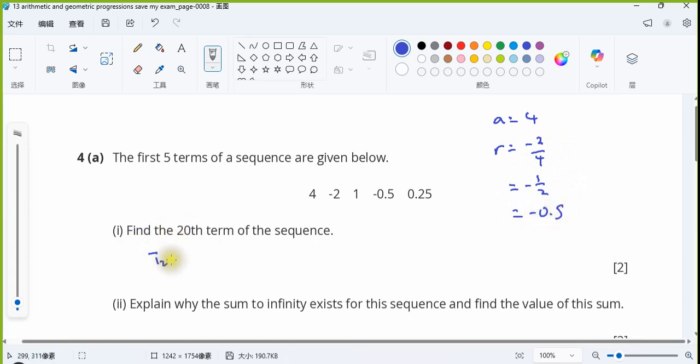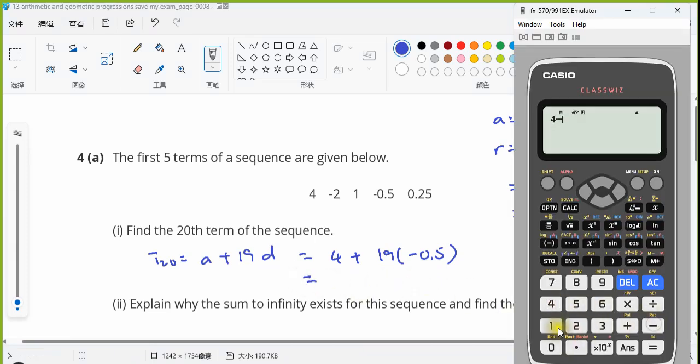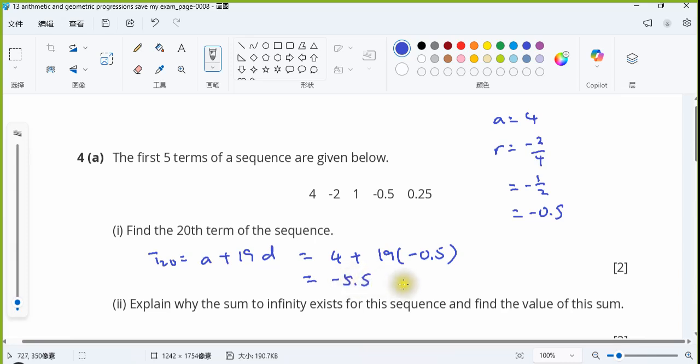So the 20th term is a plus 19d, so it will be 4 plus 19 times negative 0.5. So we have 4 minus 19 times 0.5, then it's negative 5.5. Okay.